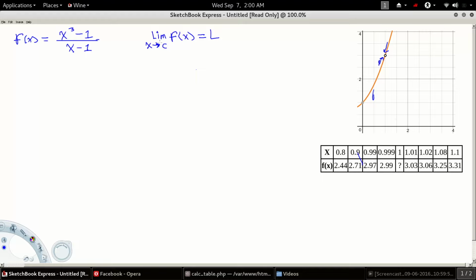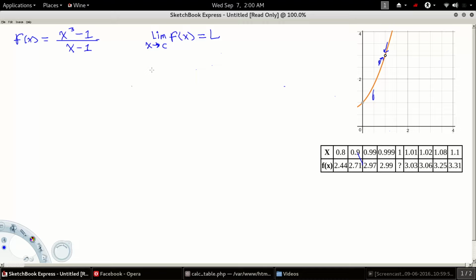So this says the limit of f of x as x approaches some number c on the x-axis is equal to L. This is basically saying that as x tends to c, f of x tends to L. So as x starts approaching 1, the values f of x start approaching 3, as you can see graphically and numerically.